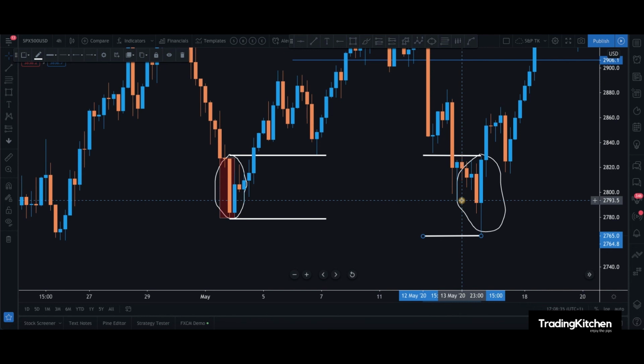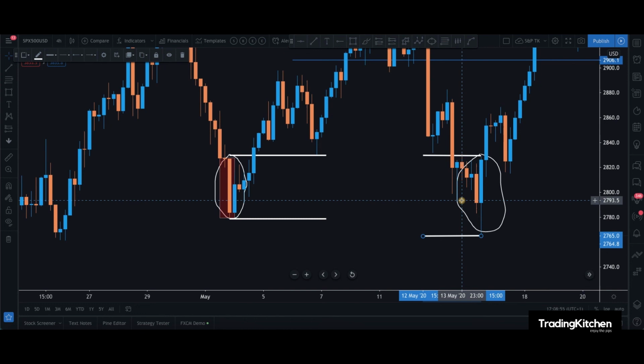And maybe just for this reason, they are a little bit more profitable. There are fewer fake signals on this kind of candle, but it doesn't matter.